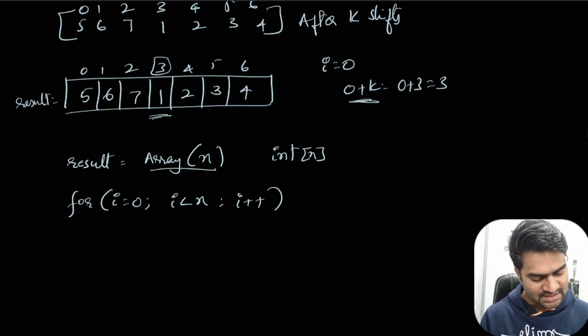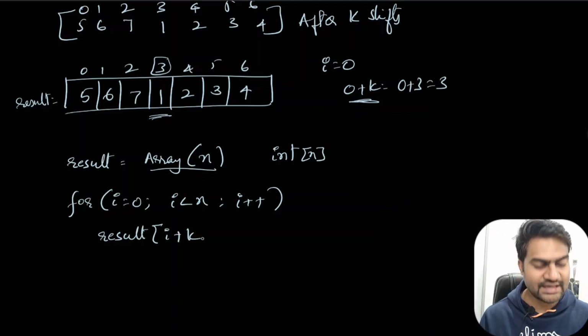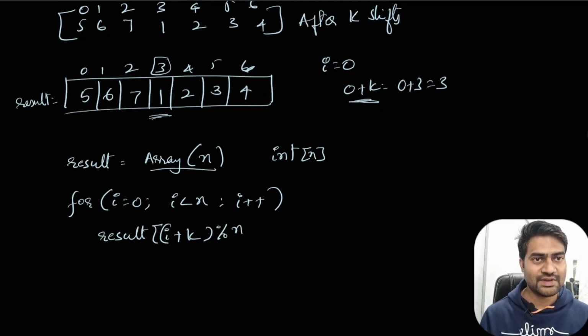So result of i plus k, but I should not do i plus k only, because after it reaches the 6 value, it will overflow. So for that, I need to take modulo by n. This way, whenever this index crosses 6, automatically it will start from 0.